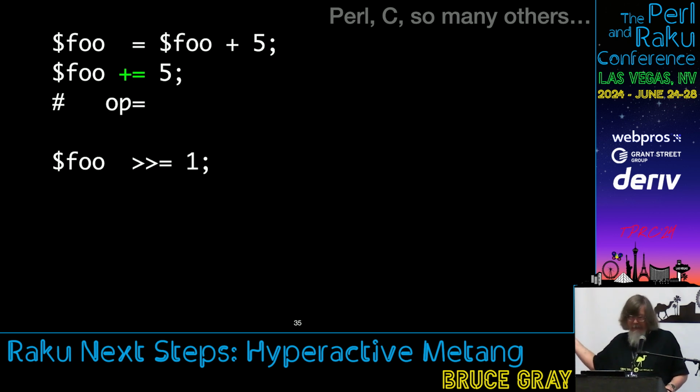Many languages support plus equal. Quite a few support other op equals besides basic math, like this would change foo by a rightward bit shift of 1. That works in C too, well, without the $ sign.